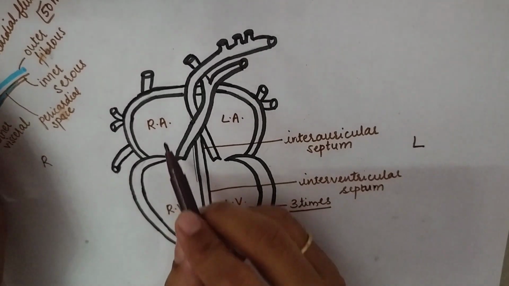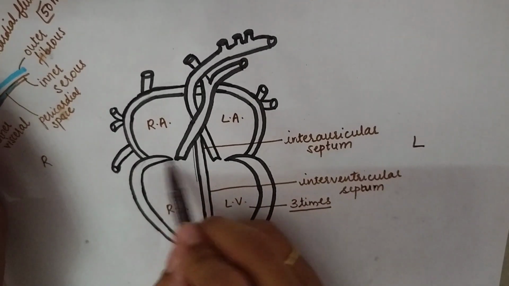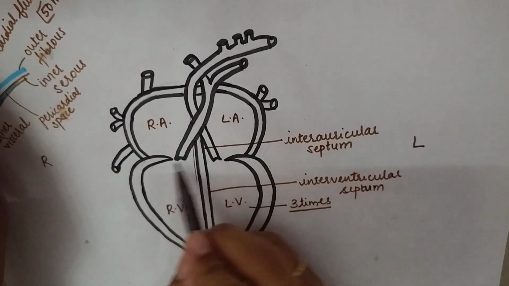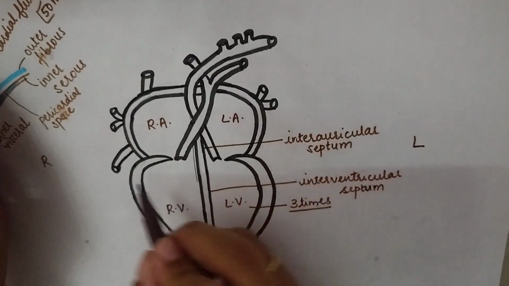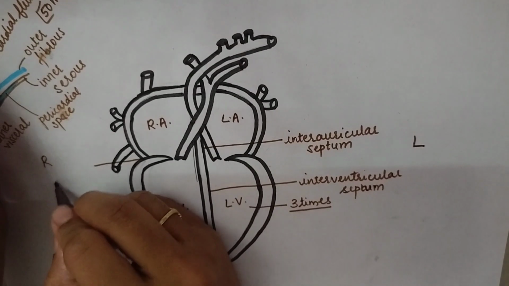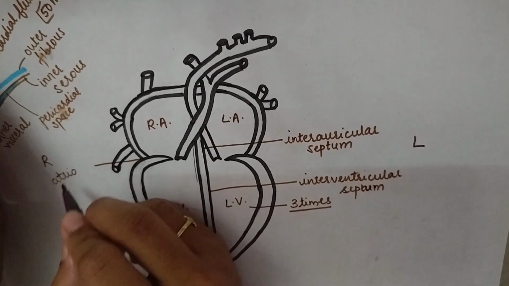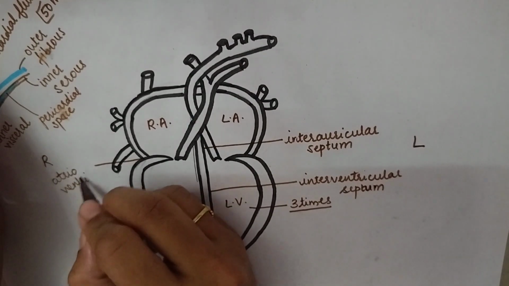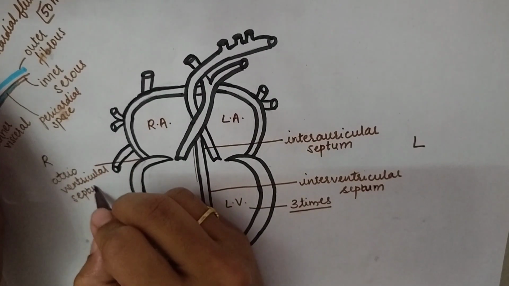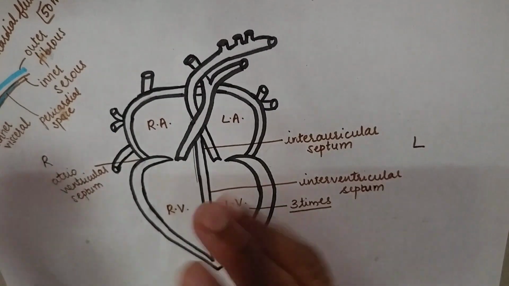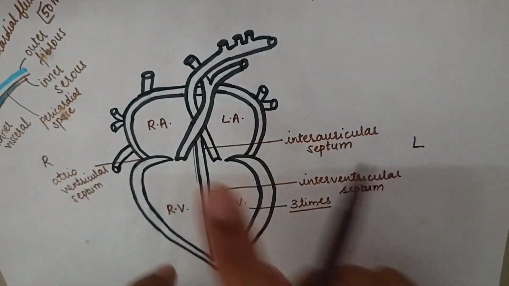Here, the atria and the ventricle are also separated from each other by a septum. The septum between the atria and the ventricle, this septum is known as the atrioventricular septum. So these 4 chambers are separated from each other.